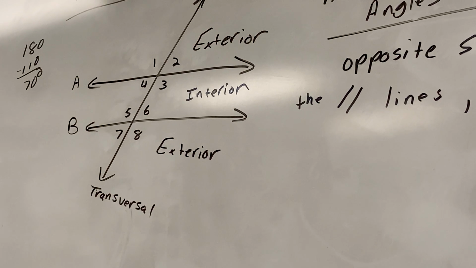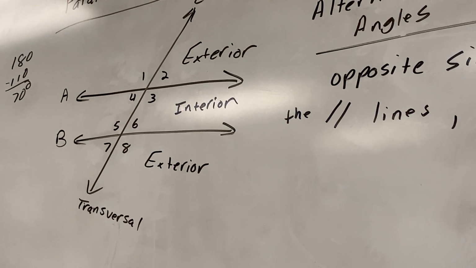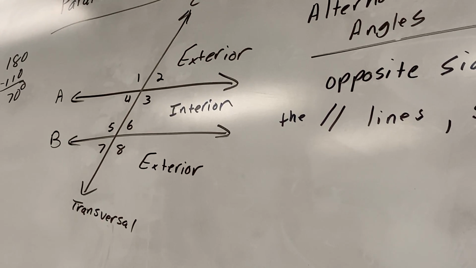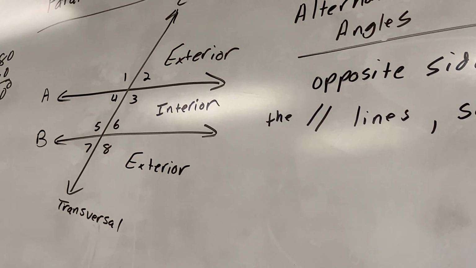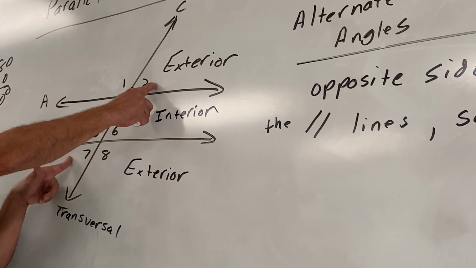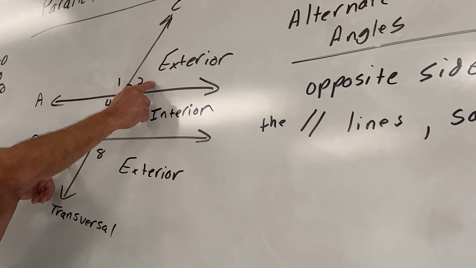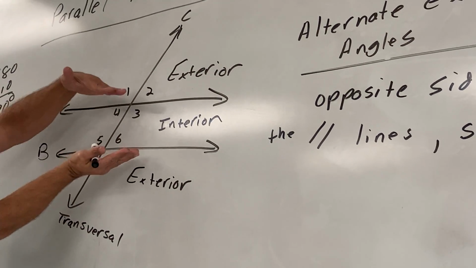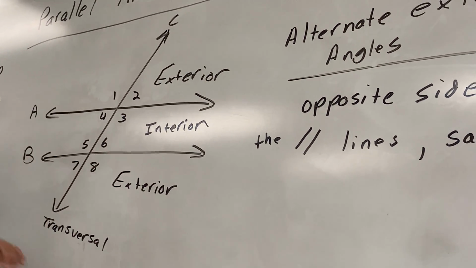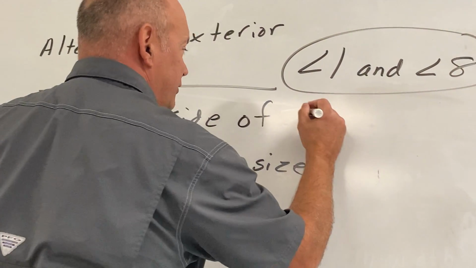There's another pair of alternate exterior. What's the other pair of alternate exterior? Andrew? 2 and 7. 2 and 7, my man, paying attention. They're the same size, they're on the exterior, and they're on the opposite side of the parallel lines. Are you with it? So I agree with Andrew, angle 2 and angle 7.